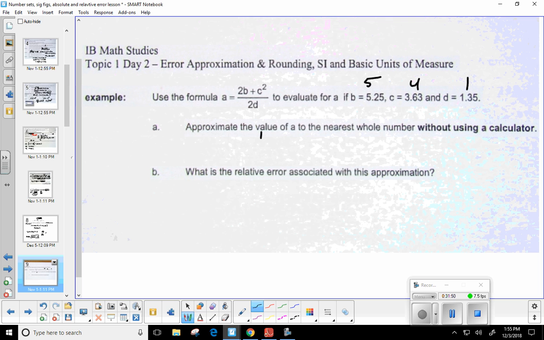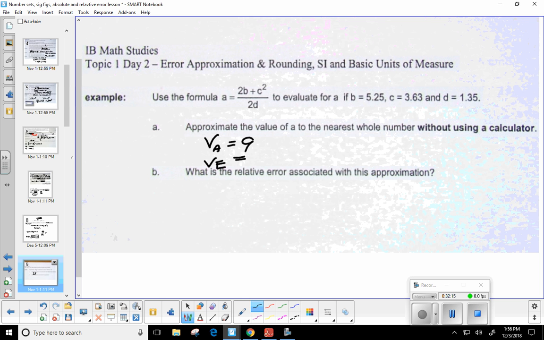That would be 10 plus 16 divided by 2. Nope, that's pretty far off. It's 8.7, so like 9 to the nearest whole number. So without worrying about the calculator, what we believe it to be would be 9.